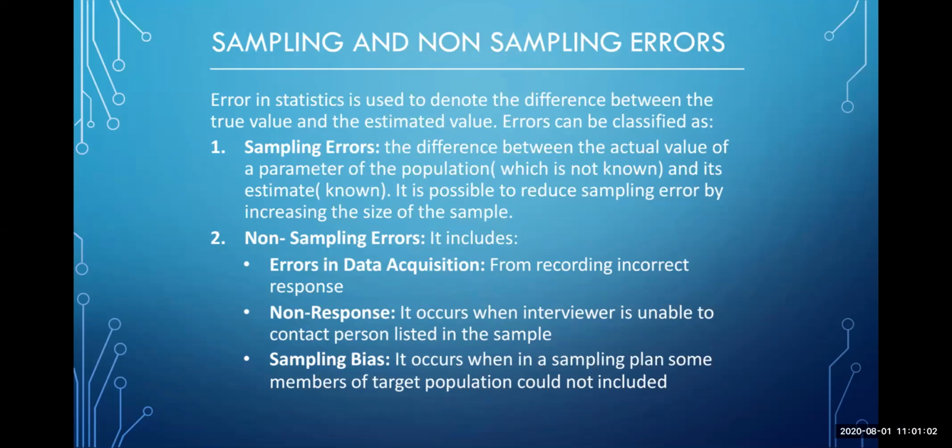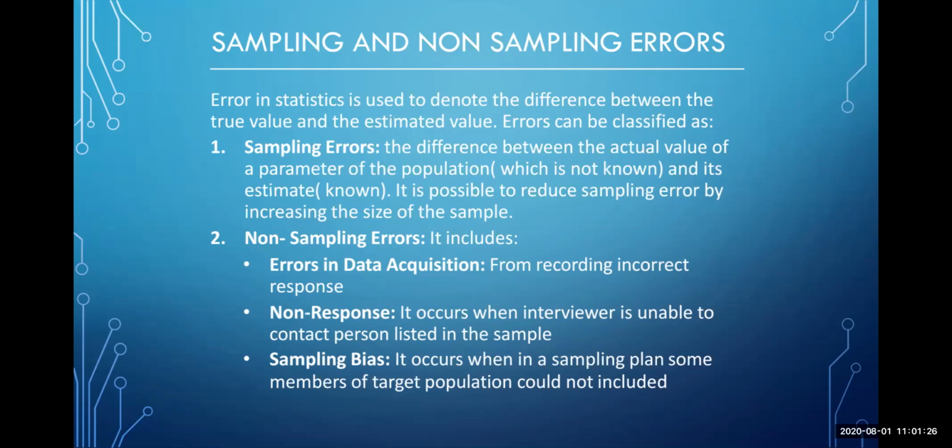So errors can be classified as sampling errors and non-sampling errors. Sampling error means the difference between the actual value of a parameter of the population, which is not known, and its estimate, which is known. It is possible to reduce sampling error by increasing the size of the sample.